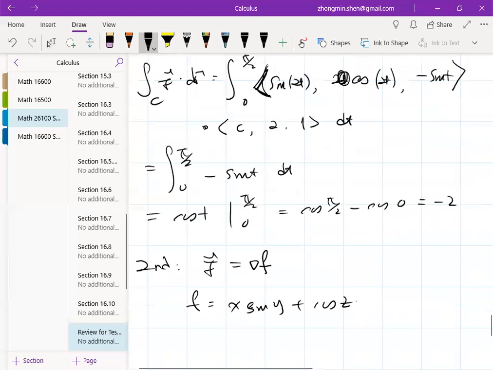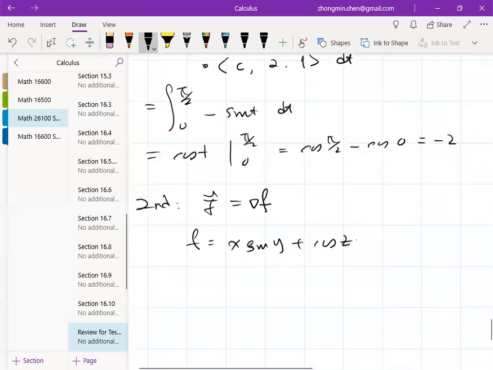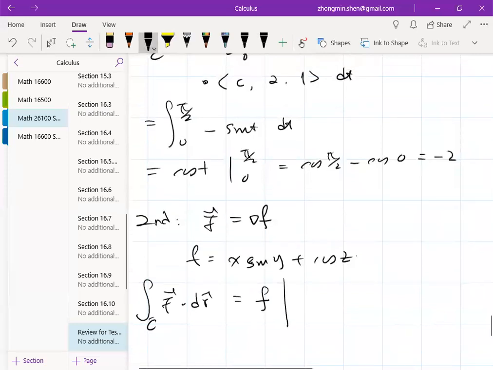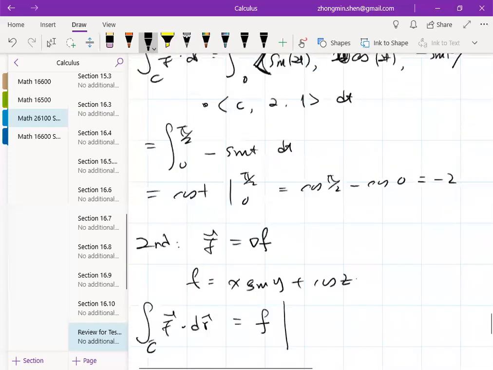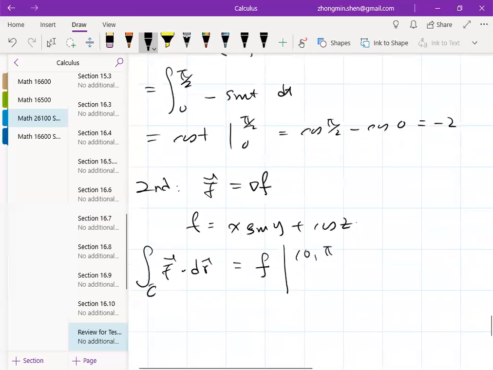So if you know that, then this line integral is just f evaluated at the two endpoints. The last point is going to be 0, pi, pi over 2, and the first point is 0, 0, 0.